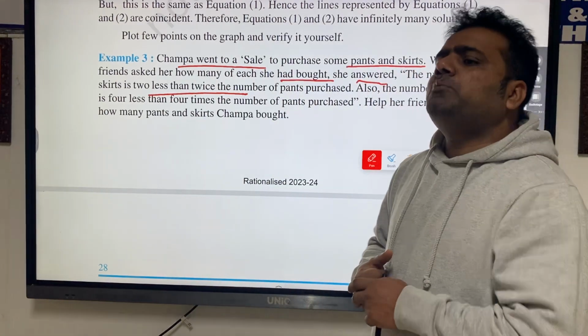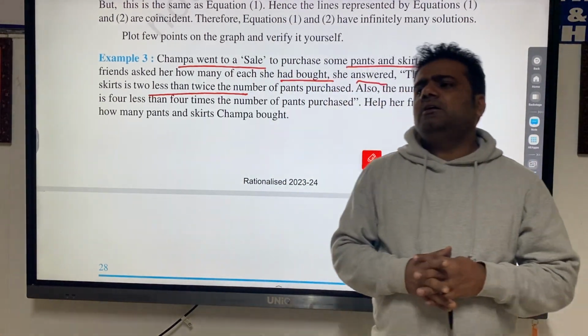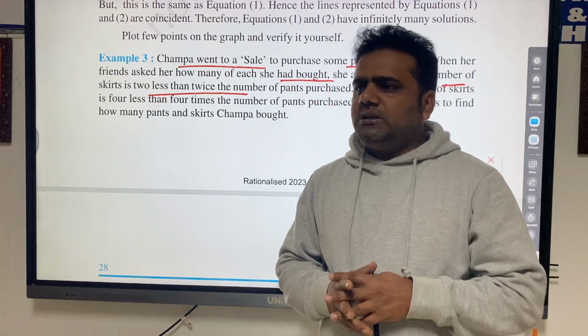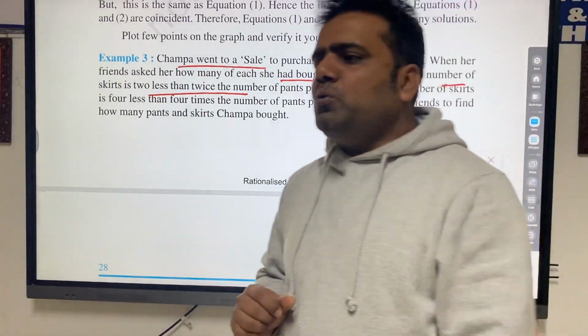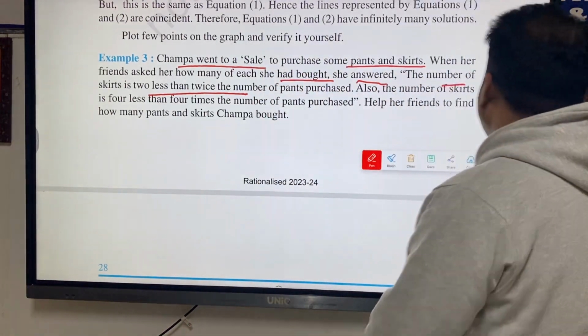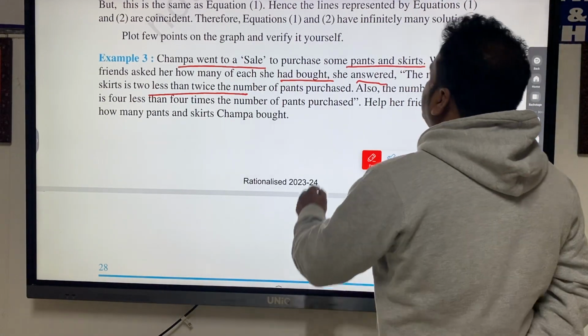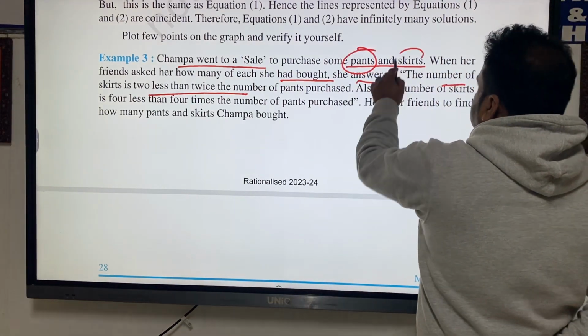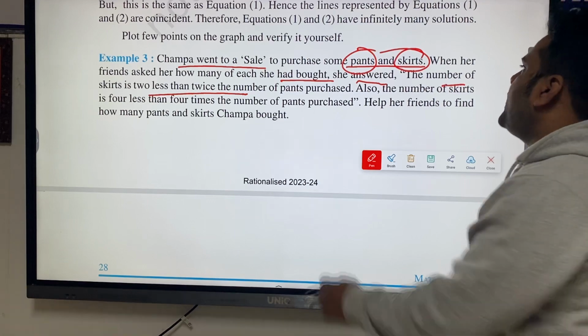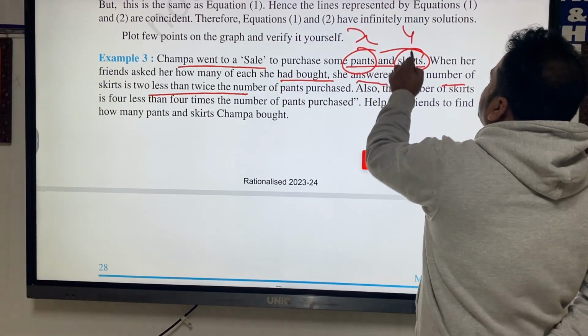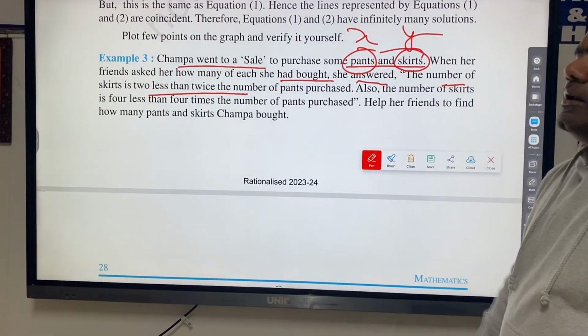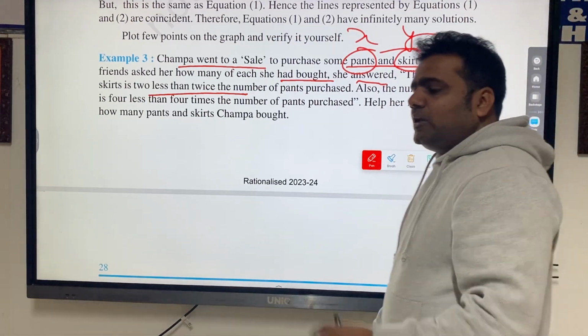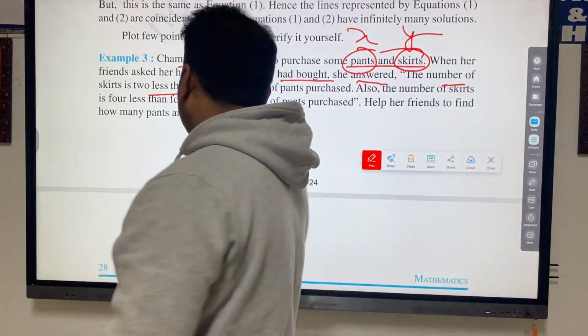So whenever word problems come in the case of a pair of linear equations, always you have to find the two characters. So in this question, the two characters are the pants and the skirts. So pants become X and skirts become Y. And always in a question the two conditions will be there.